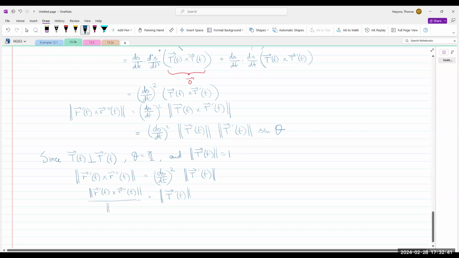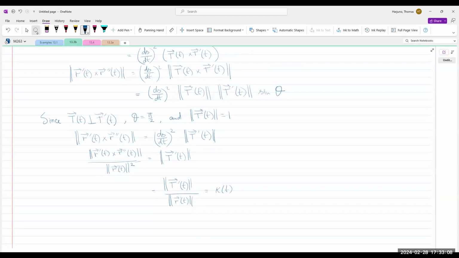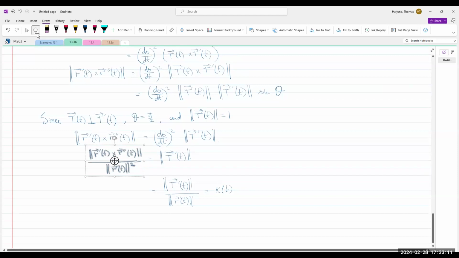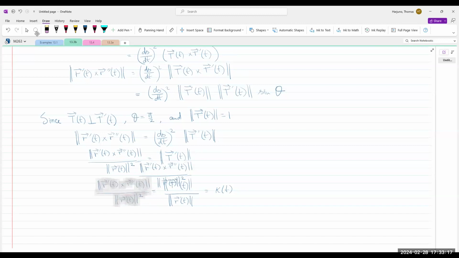But ds/dt is the magnitude of r prime t. Now, the curvature at time t is the magnitude of the unit tangent vector prime divided by the magnitude of r prime t. So basically we divide that expression by another magnitude of r prime t, which then becomes a cube here.